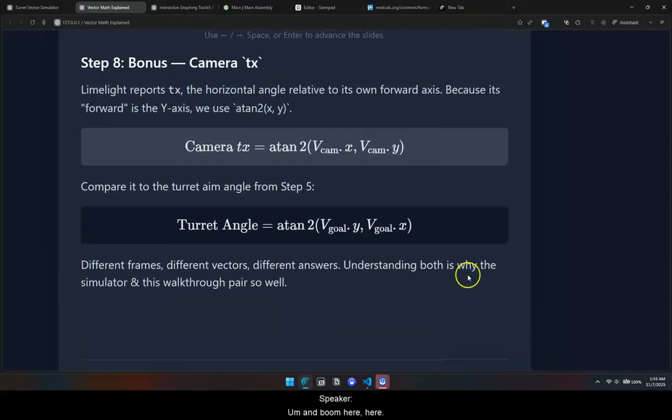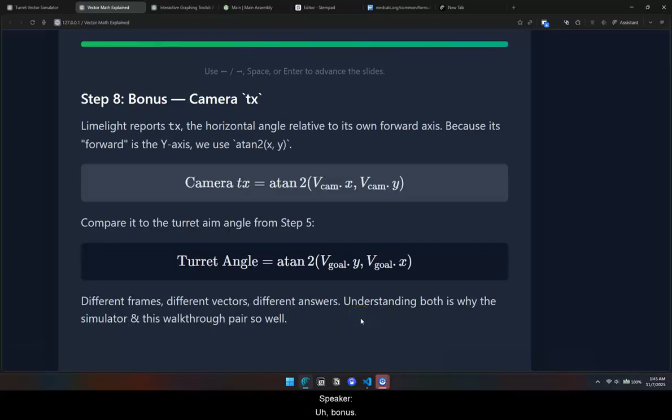And boom, here. Bonus, this is your step 8, which is your last step, which is just to get your amazing degree so that you can just move there without having things showing up. So obviously dx, dy are the things that Limelight would give to you based on where the target is in its field of view, right?